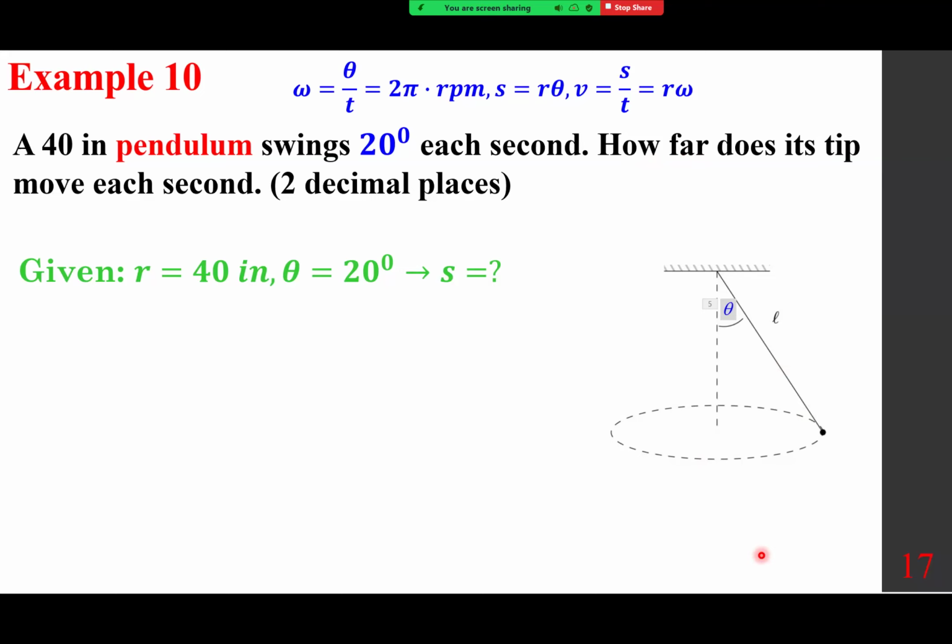Well, first we need to change this. We can use this formula, replace this one with 20. This is 1/9. And theta, which is 20 degrees, becomes pi/9 radians.